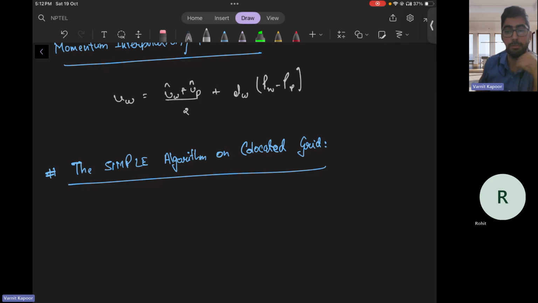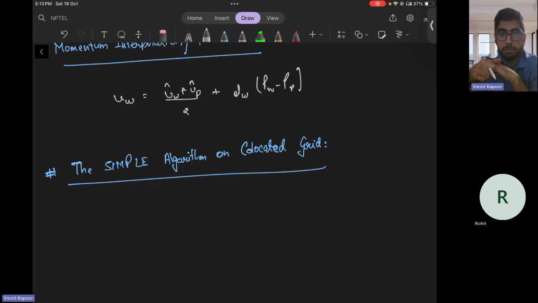That means we store both velocity components u and v, as well as pressure, temperature, and all scalars, at the cell center. We create additional velocities on the east and west faces, but they are an additional set of velocities. Everything else is stored at the cell centroids.